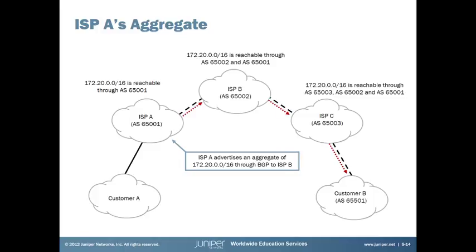That's it. You don't get an entire path through which that particular traffic would have to go to get to its destination. So customer B down here knows that if it has traffic that has to go to customer A, it has to go through 1, 2, 3 autonomous systems to get there.